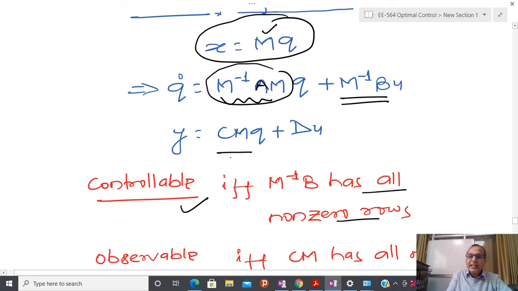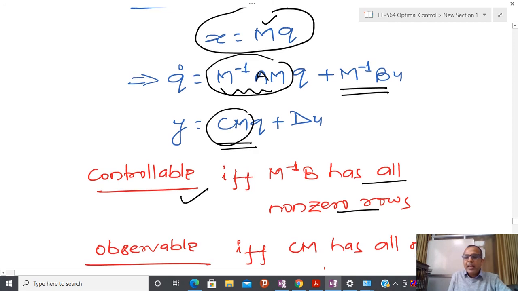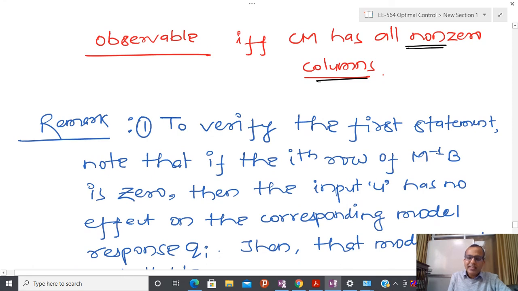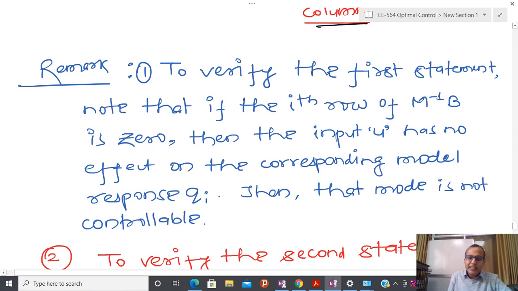Similarly, you have to check whether this particular matrix CM has all non-zero columns or not. If it has all non-zero columns, then you are able to tell that the system is observable. So in this way I am going to apply this technique, and why will these techniques work? I have written in the remark: to verify the first statement, note that if the ith row of M inverse B is 0, then input U has no effect on the corresponding modal response Qi.